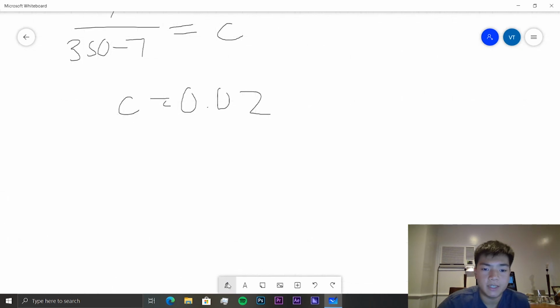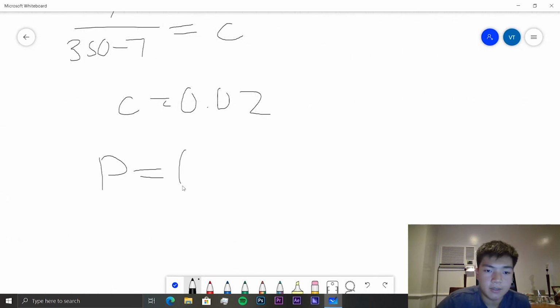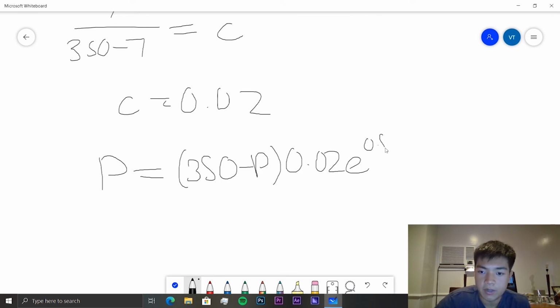So we can rearrange this a little. So we get p is equal to (350 minus p) times 0.02 e to the 0.8 t.